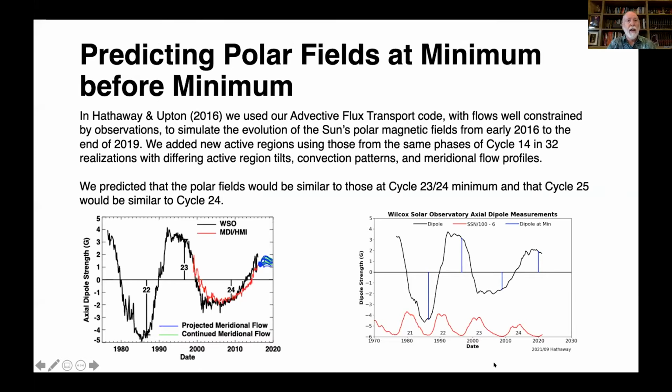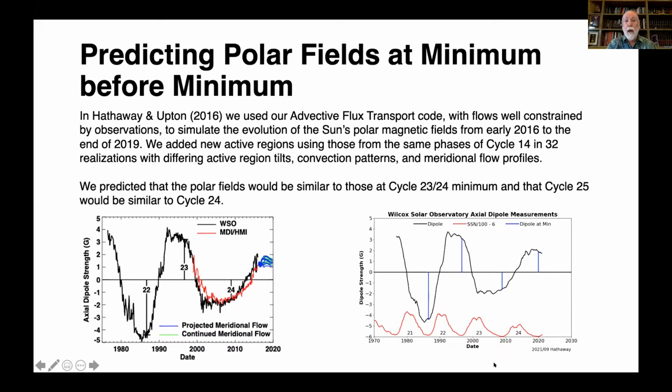Lisa Upton and I, back in 2016, wrote a paper where we tried to predict the polar fields at minimum before minimum. We used our advective flux transport model with flows that were well constrained by observations to simulate the evolution of the sun's fields and look at the polar fields, and in this case, the axial dipole, from early 2016 to the end of 2019.